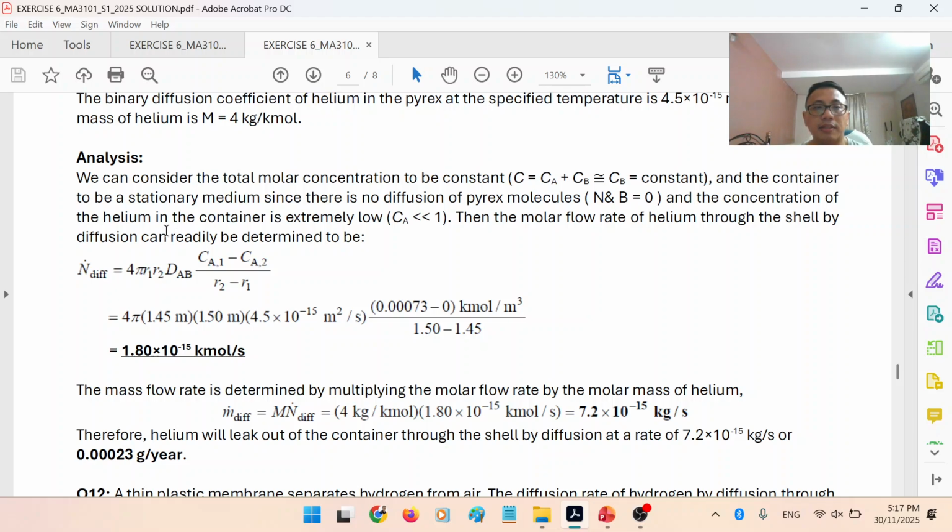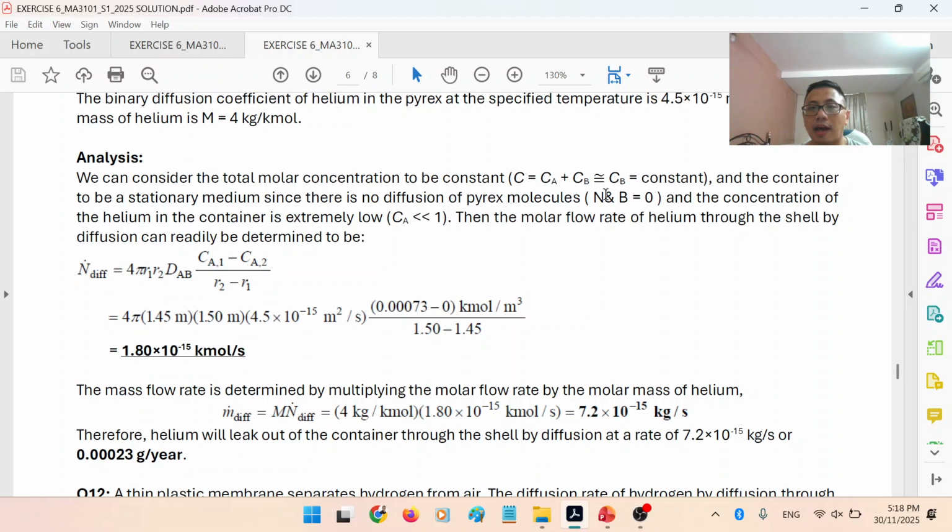And the container is stationary, so no diffusion, no flux. There is no diffusion of Pyrex molecules, and the concentration of helium in the container is really low, so the molar flow rate of helium through the shell by diffusion can be determined from this equation.